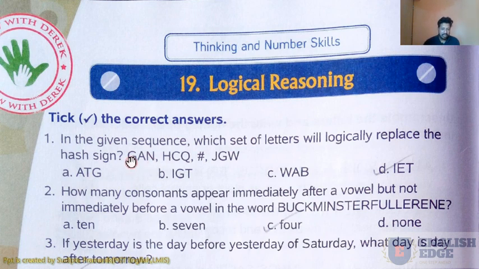In GAN, the middle letter is A, as in ABC. In the same way, GH, and NOPQ.